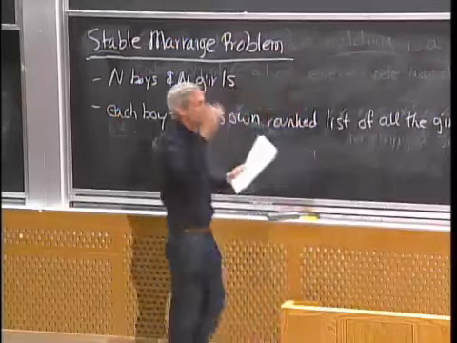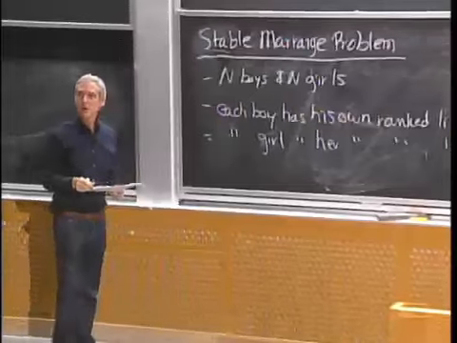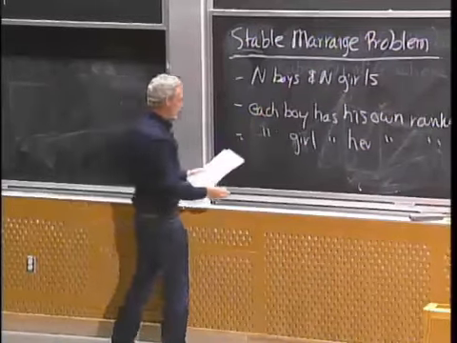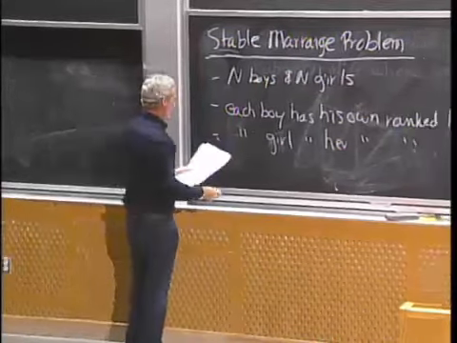All right, and the orders can be different for different boys. And each girl has the same thing. She has her own list, ranked 1 to n, of all the boys. The lists are complete, and there's no ties. So all the ties have to be broken here. And the goal is to find a perfect matching without rogue couples.